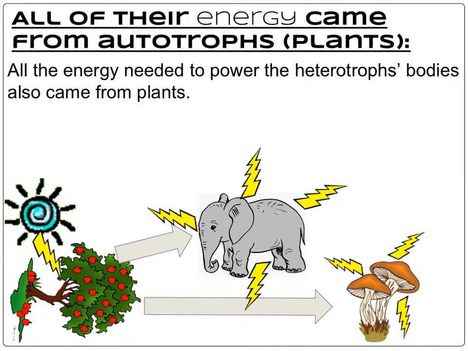But not only that, the energy that is used to power your body also came from plants, which were able to take the sun's photons, the energy from the sun, and store that energy in sugars. Then when an elephant eats the plant, or if the plant dies and a mushroom eats it, once they break the sugars down, they release the energy that was once sunlight.